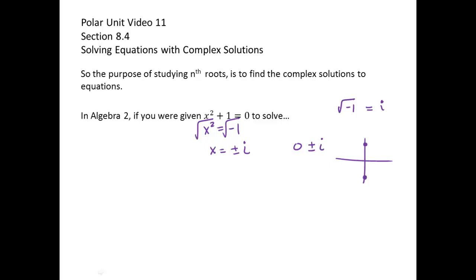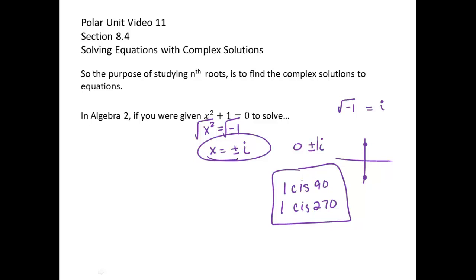Those are the imaginary axis directions. Well, with 0 being the real number, I'm not going left or right at all, and my radius being 1, because I'm only going out a distance of 1, my two numbers in polar form are 1 cis 90 and 1 cis 270. And those are the answers in polar form for our rectangular solutions.